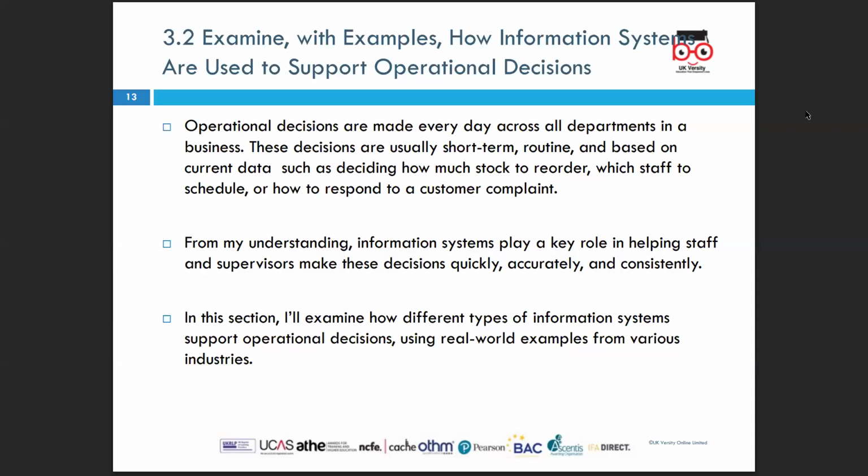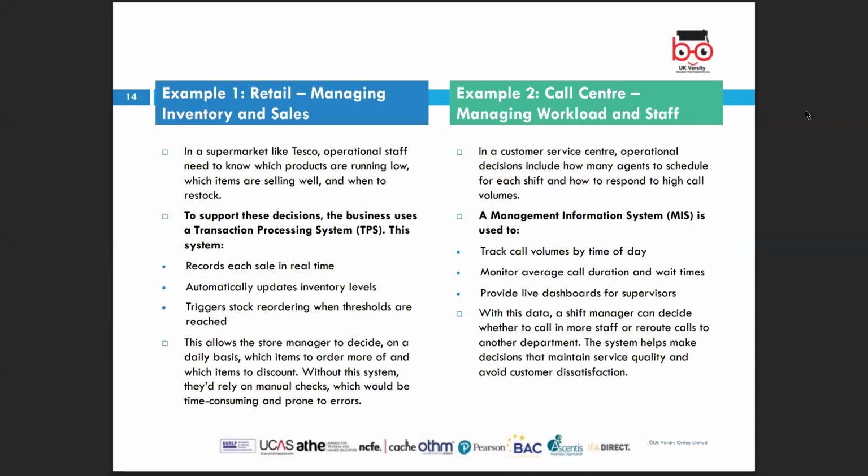And we know now that these are usually short-term and based on current data. So from our understanding, this information is going to play a key role in helping staff and supervisors make these decisions quickly. So we're now going to examine how different types of information systems support operational decisions.